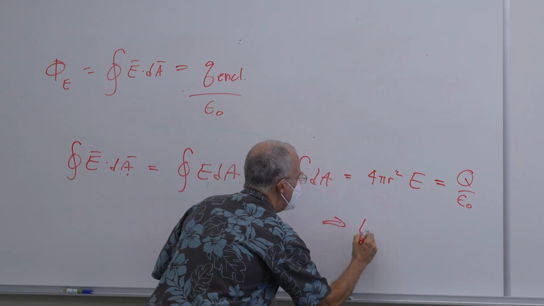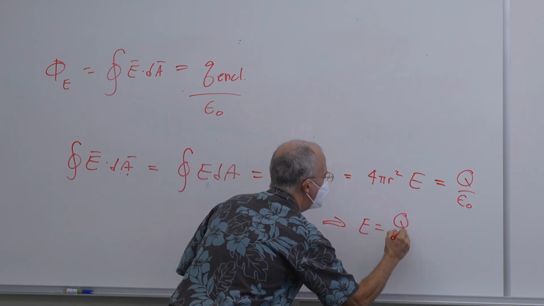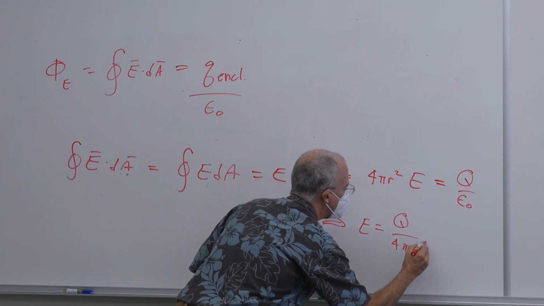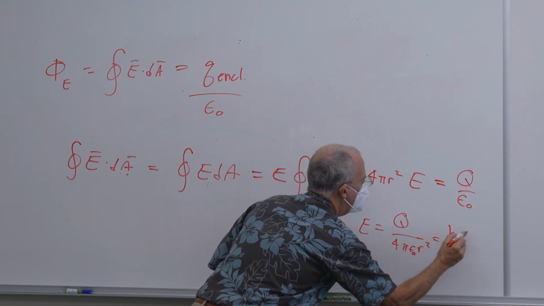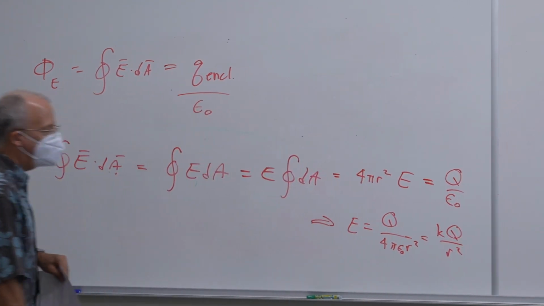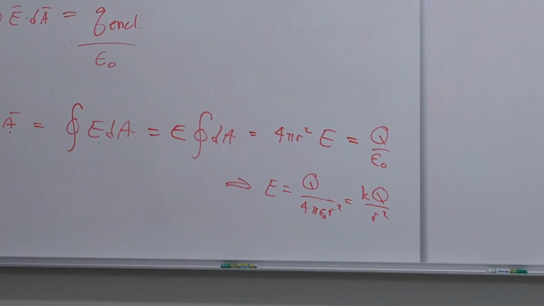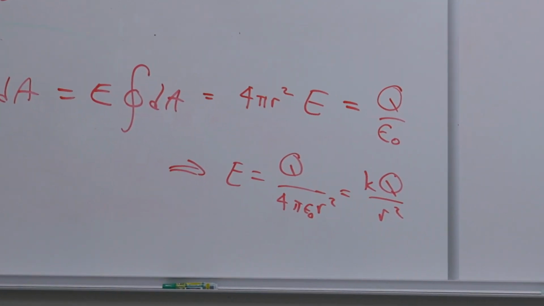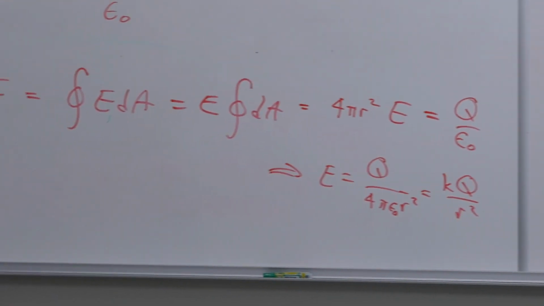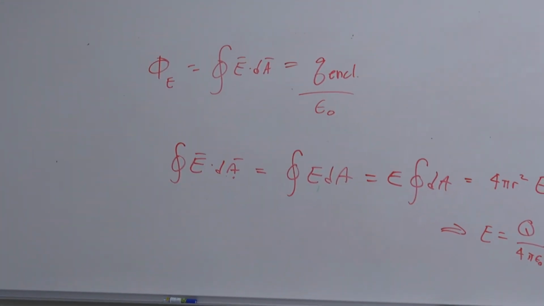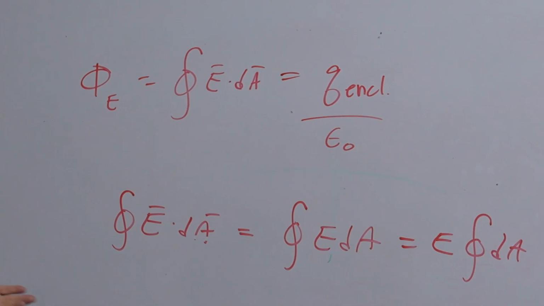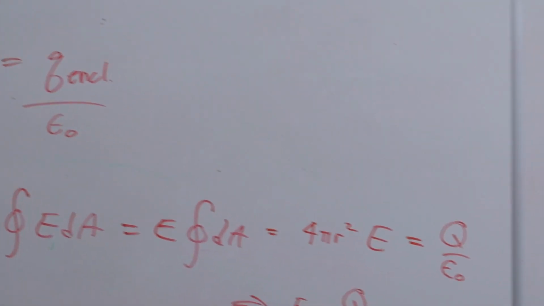That means that the E is just Q over 4 pi epsilon 0 r squared, which is just KQ over r squared. Have you seen that before? Isn't that wonderful? Now do you believe me?